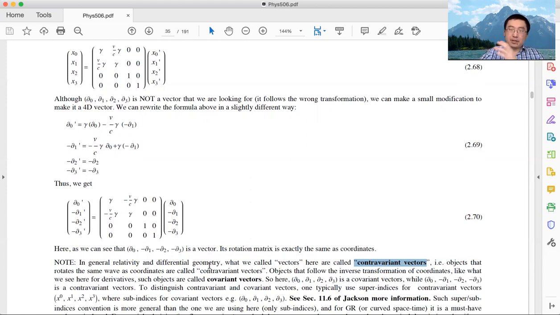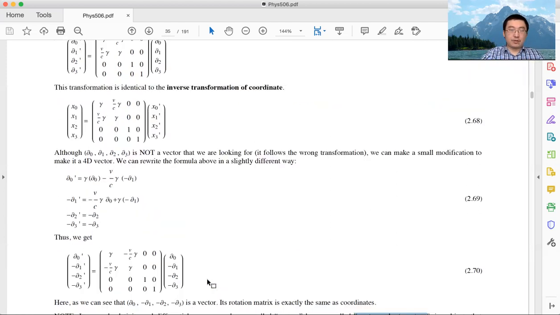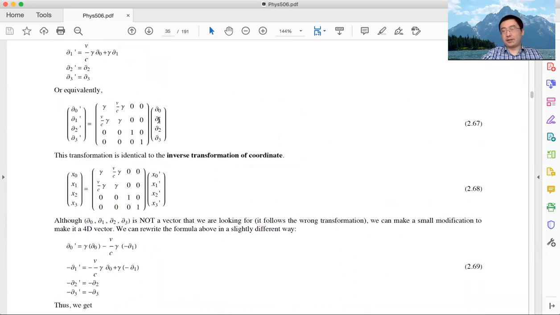But at the same time, we can also define the so-called covariant vector. A covariant vector is exactly the opposite of a contravariant vector. Under a Lorentz boost or spatial rotation, it transforms with the inverse transformation. For example, the derivative, partial 0, partial 1, partial 2, partial 3, under a Lorentz boost transforms with the inverse matrix.